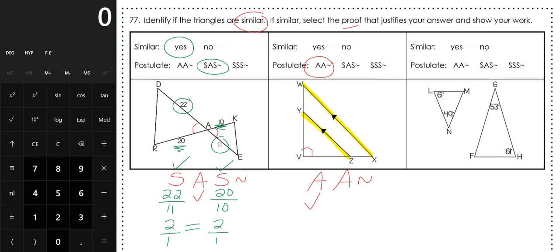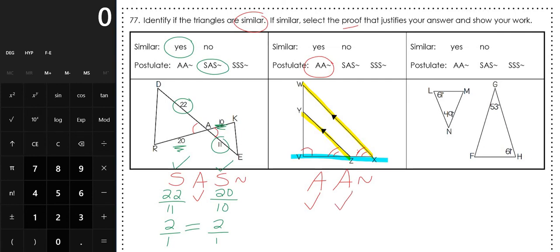So if I look at the bottom side, VX for example, if VX is my transversal to those two parallel lines, then that means that I have angle Z and angle X congruent because they're corresponding angles. They're in matching positions. So that's my second pair of angles that are congruent.